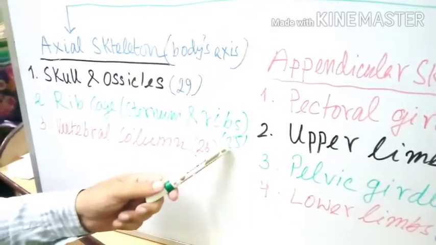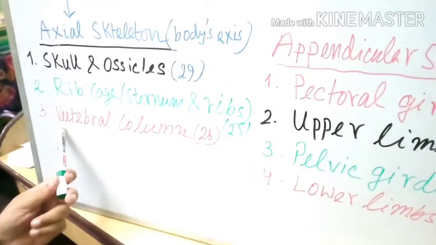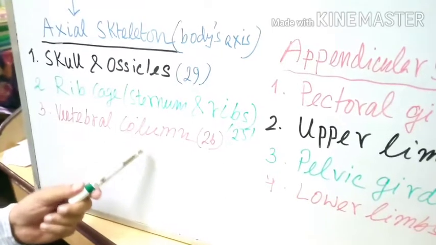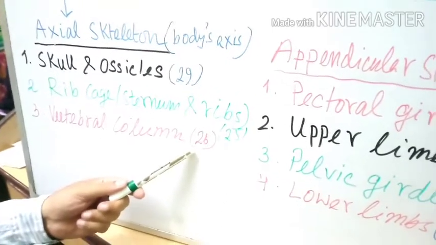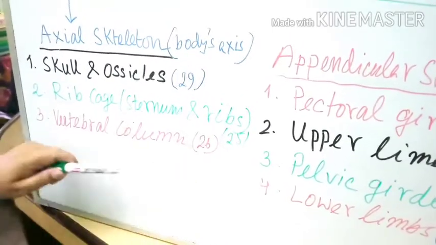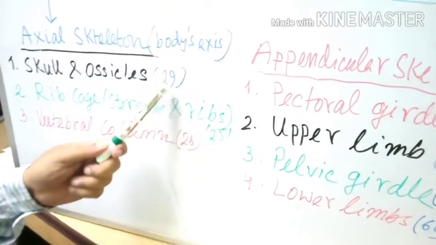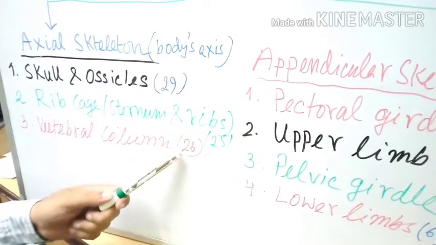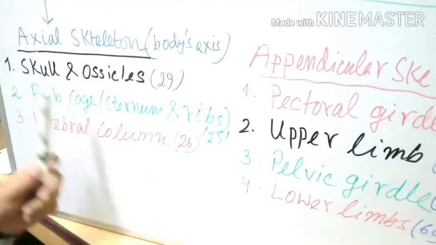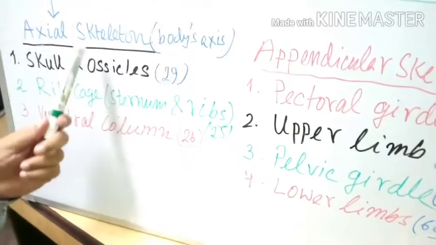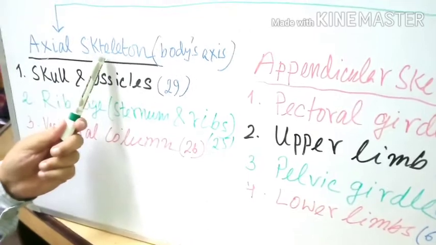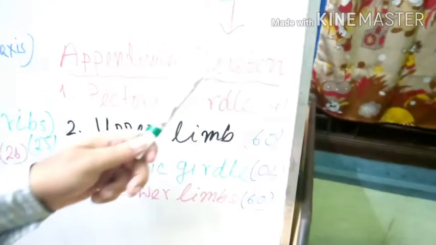There are 25 bones. And then vertebral column, it includes 26 bones. So here add 26, 25 and 29. You will find 80 bones. So there are 80 bones in axial skeleton. Now, appendicular skeleton. What is appendicular skeleton?